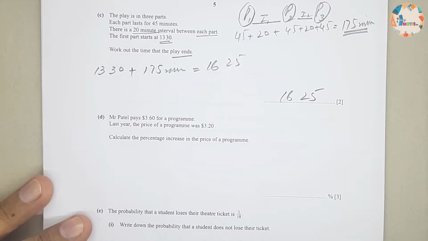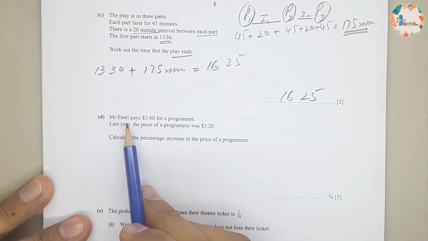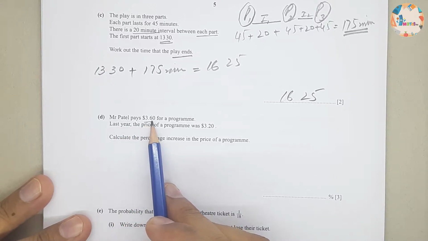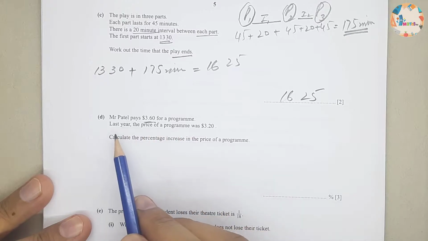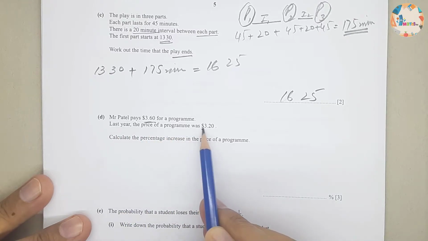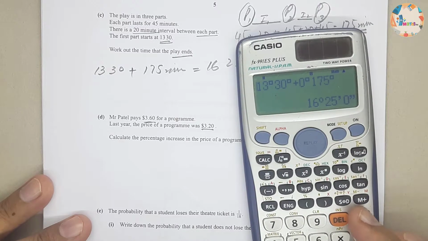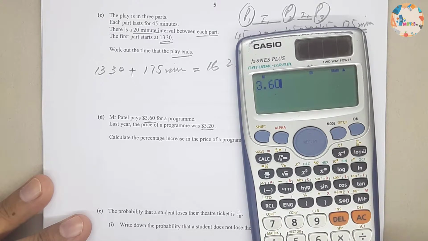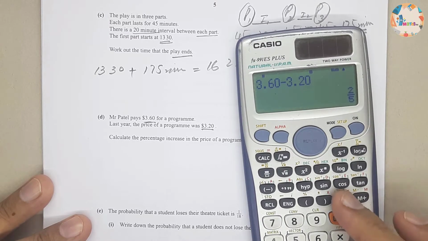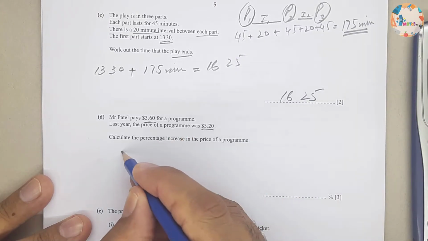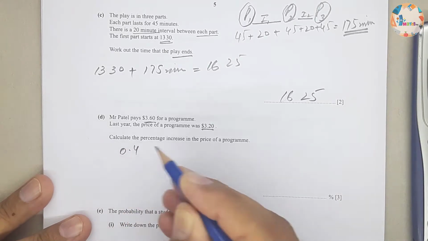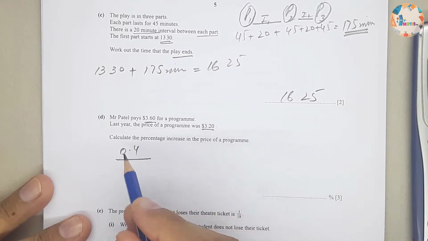So 1625 will be our answer. Then Mr. Patil pays $3.60 for a program. Last year the price of the program was this one. Calculate the percentage increase. We'll check the increment. So 3.60 minus 3.20 is equal to 0.4. 0.4 is the increment against what?